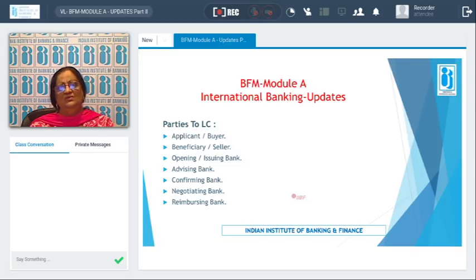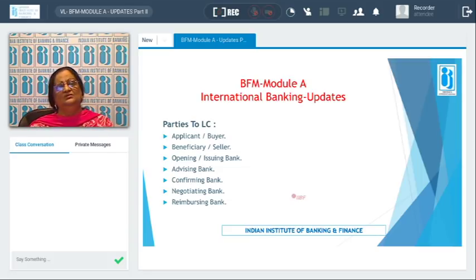Suppose we take an example of an issuing bank which is in India, and let us assume that the beneficiary is in the USA, while the issuing bank and the applicant are both in India. Here the issuing bank would be dealing in INR with the applicant, but since the beneficiary is in the USA, the LC would be in US dollars.